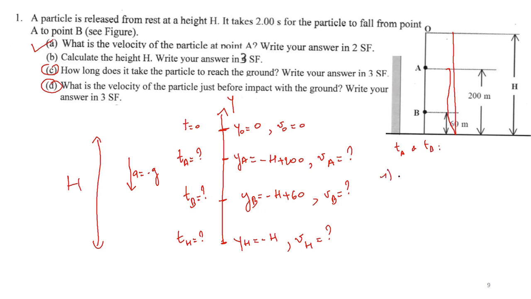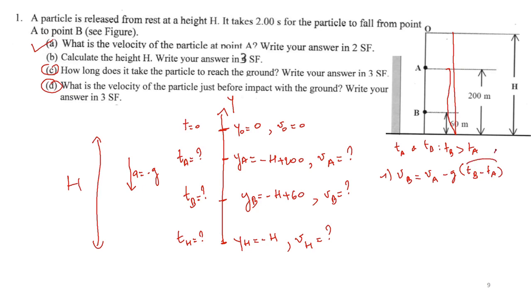So the first formula, as I said, is VB, because here TB is bigger than TA. So VB will be equal to VA minus G delta T. What do I call delta T here? It is basically TB minus TA.